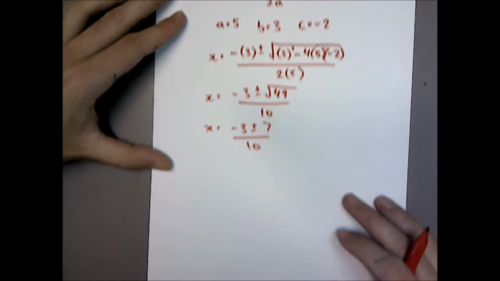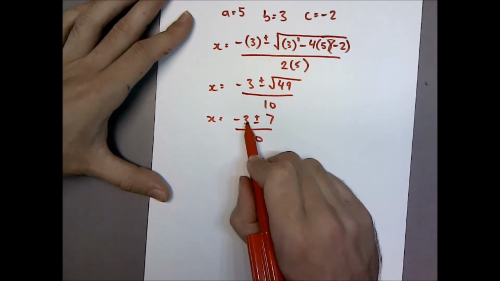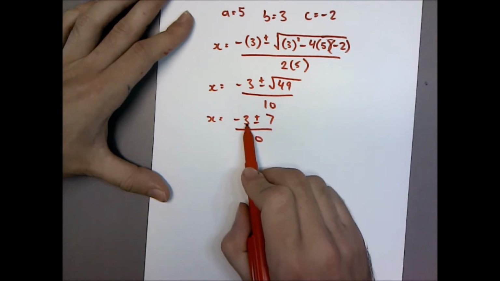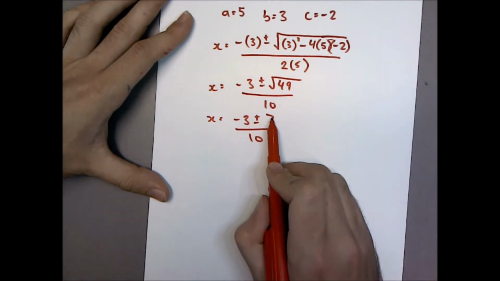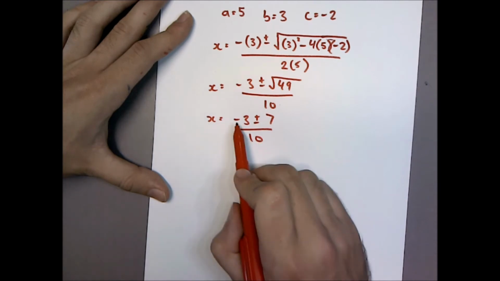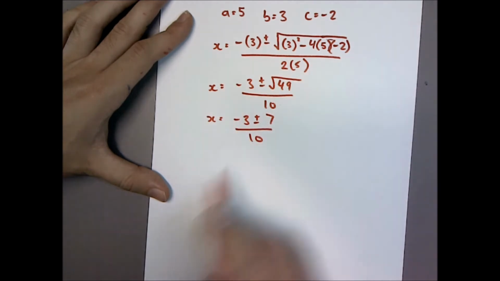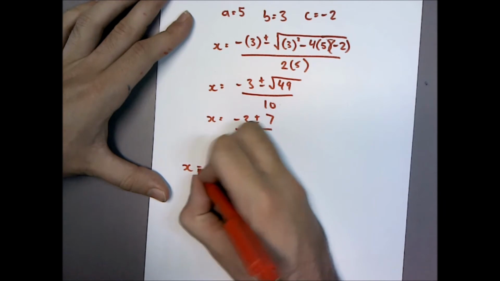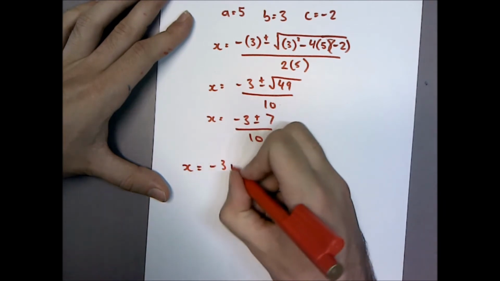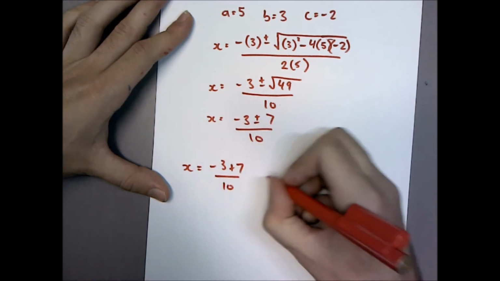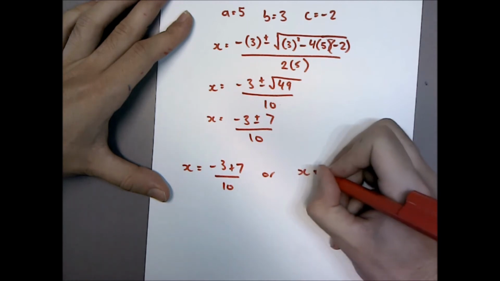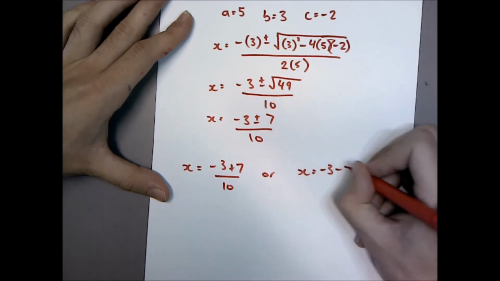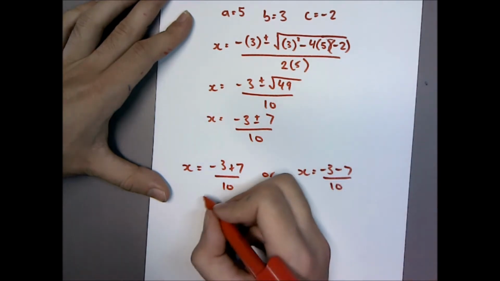Now what I do now is I separate this into two things, because you've got two possibilities. It's negative 3 plus 7 divided by 10, or negative 3 minus 7 divided by 10. So x equals negative 3 plus 7 divided by 10, or x equals negative 3 minus 7 divided by 10.